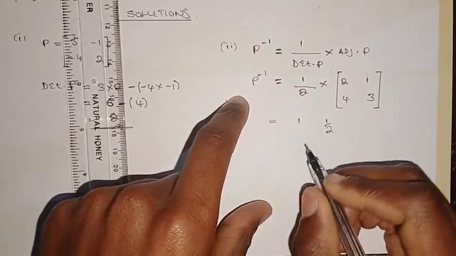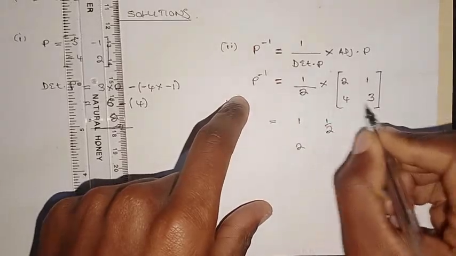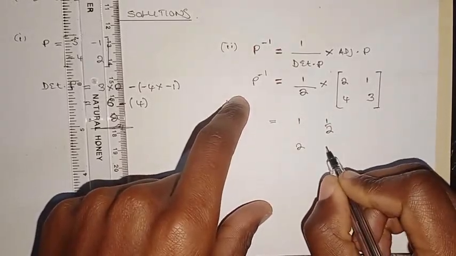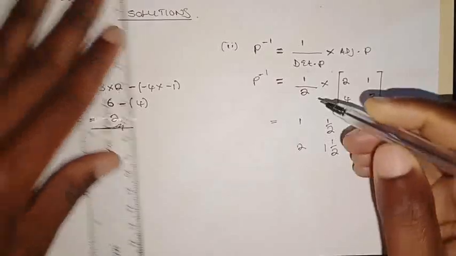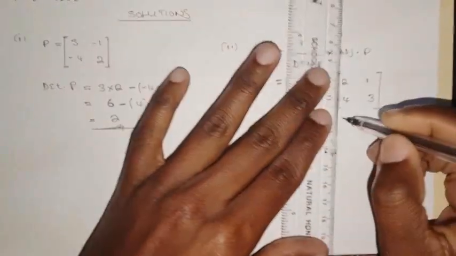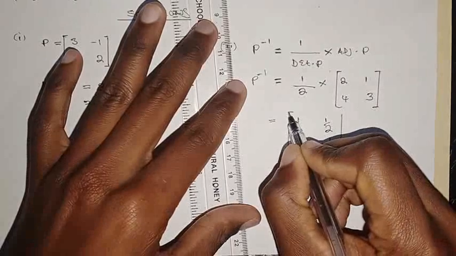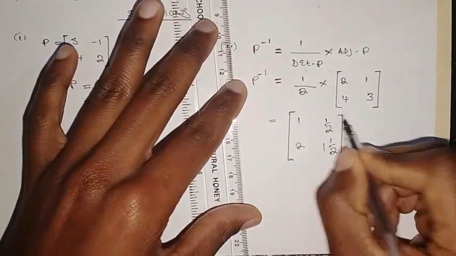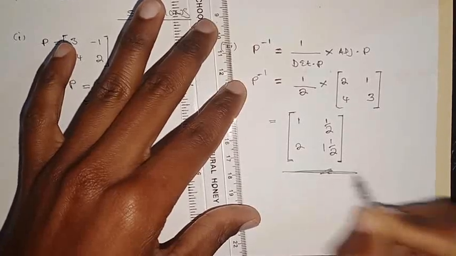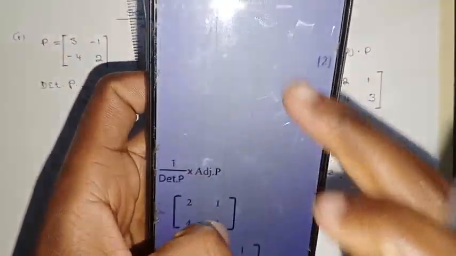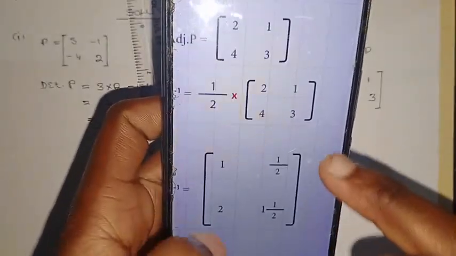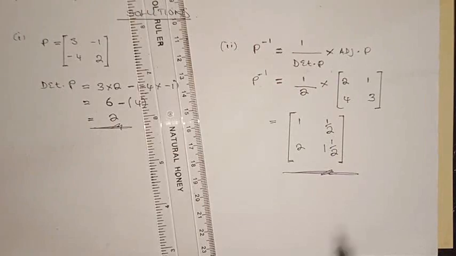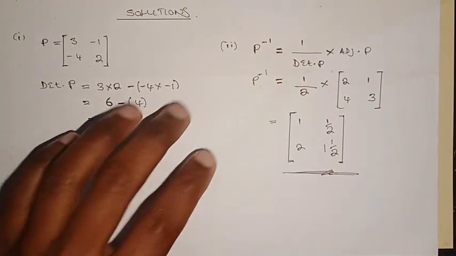Half times 4, it's going to be a 2. Half times 3, it's going to be 1 and a half. And my friends, that's how you find the inverse of a matrix. So just by doing that, we have answered the question. And as you can see in the exam, this question carried how many marks? 2 marks each. So we have scored 4 marks just by doing what we have done right here.